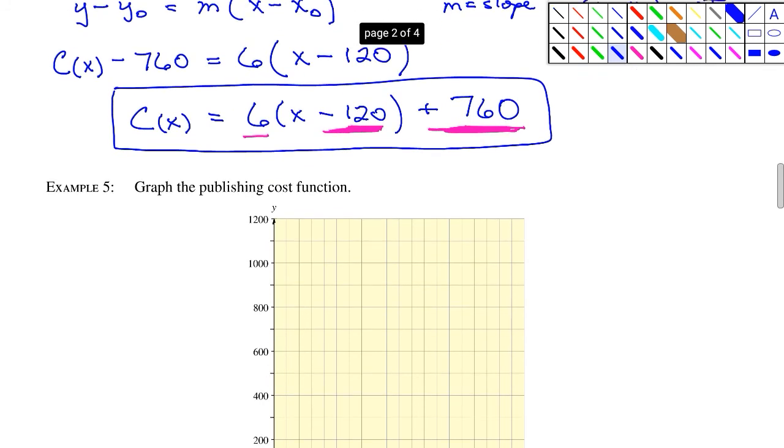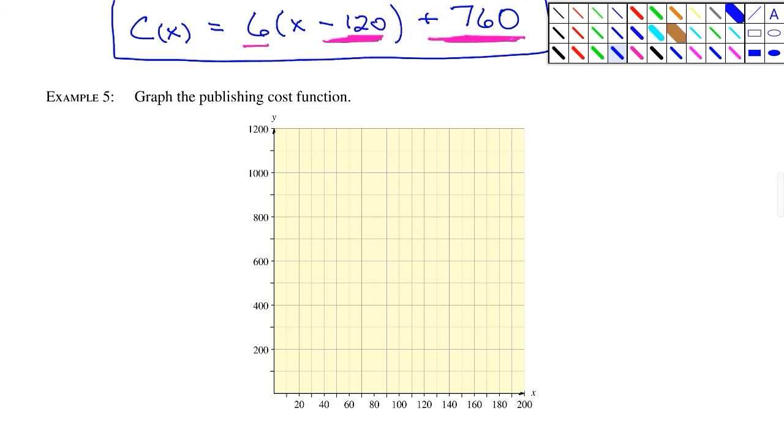Example number 5, graph the publishing cost function. So I'll go back to the original one that we found, which was c of x is equal to 6x plus 40. That tells me that the y-intercept is 40, which is going to be about right here. Notice the scaling on the y-axis. And then to help me find the other points, I'm going to go ahead and draw in the points that we already know, which was 60 and 400.